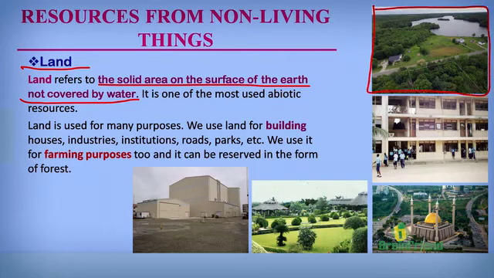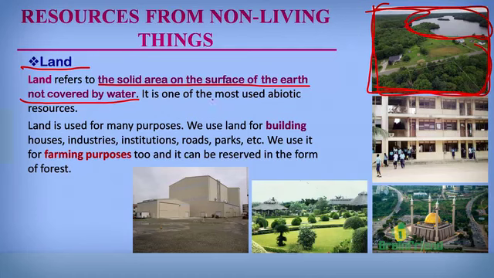The solid areas are occupied or are land. So those solid areas we can see on the surface of the earth, as you can see from this picture here, are referred to as land. Then we have the part that is covered by water, which include rivers, oceans, streams, lakes, and so on. So land is that solid area.